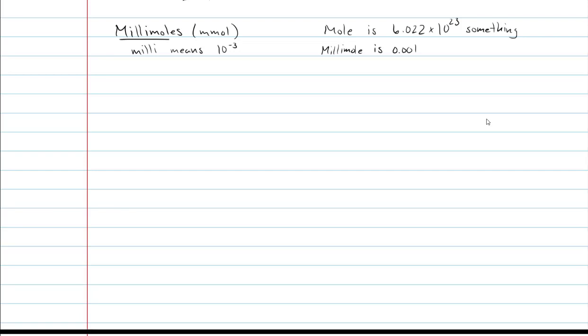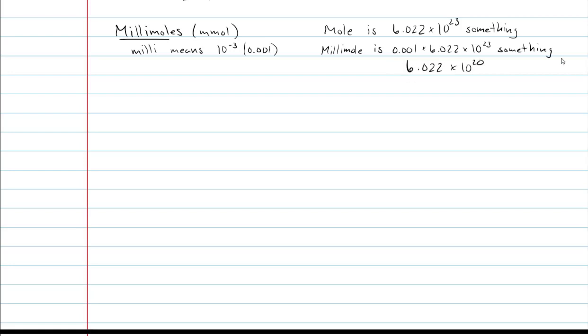So let me be clear here. 10 to the minus 3 is the same thing as 0.001. So that's just 6.022 times 10 to the 20. That is the definition of what a millimole is, but it's essentially a useless definition. We're not going to really need to use this at all.